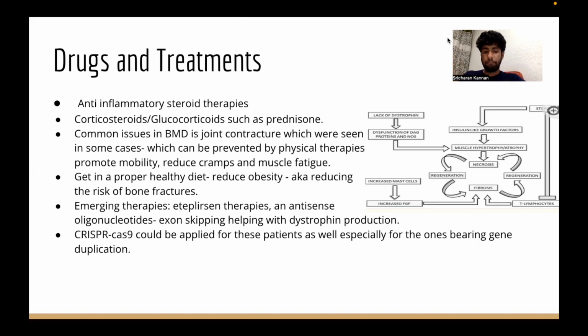Skipping some exons leads to an open reading frame, and that leads to dystrophin production. Another thing to look at is CRISPR-Cas9, which could be applied for patients bearing gene duplication.